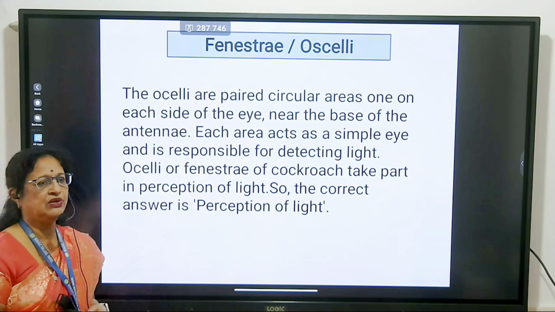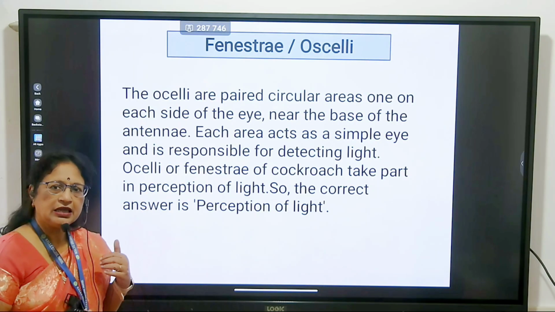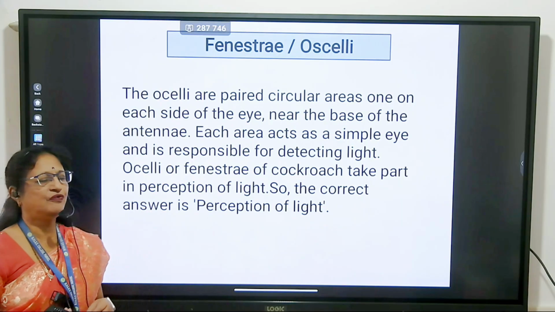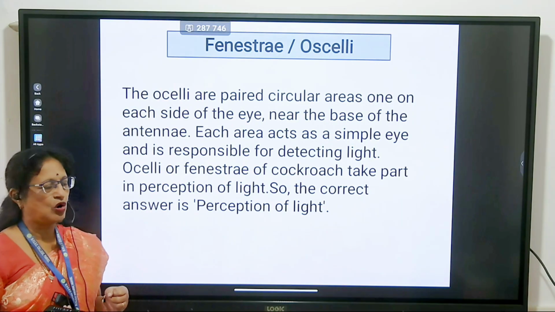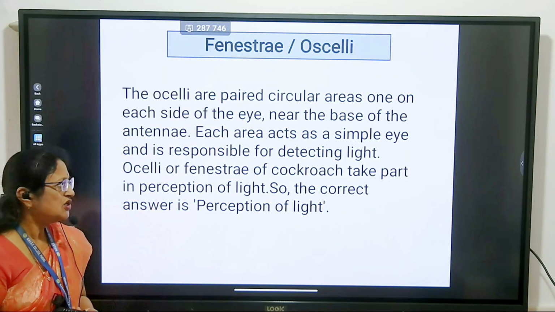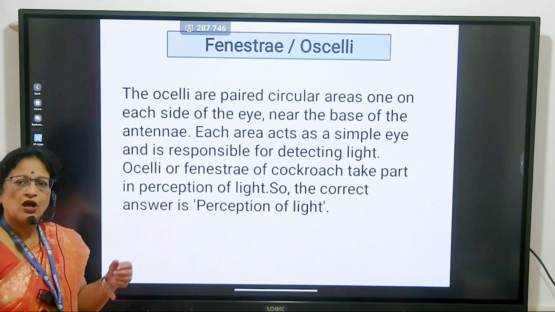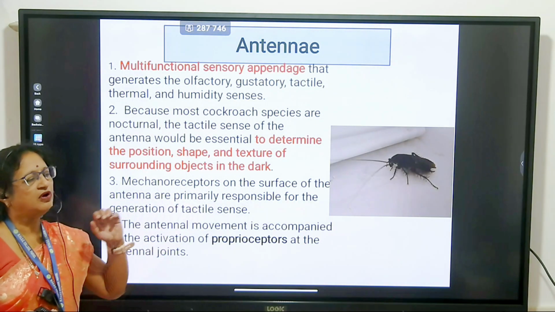Each fenestra acts as a simple eye, and it's responsible for detecting light. These fenestrae of cockroach take part in perception of light, so they only give the perception of light.